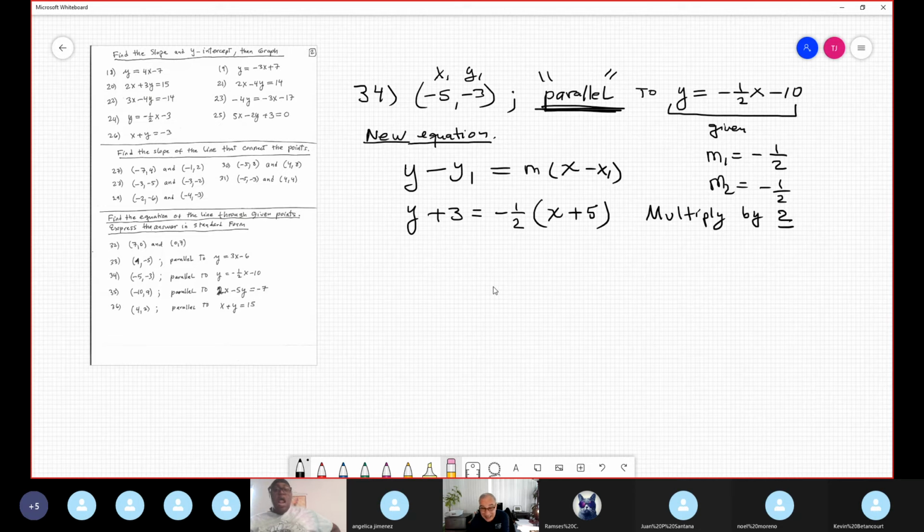When you multiply the entire equation by 2, we now have 2y plus 6 equals something. And when you multiply 1/2 times 2, it's obvious that it is -1. And -1 is invisible. Negative parenthesis x plus 5. And be careful. You multiply by 2 only the number outside the parenthesis, not inside.